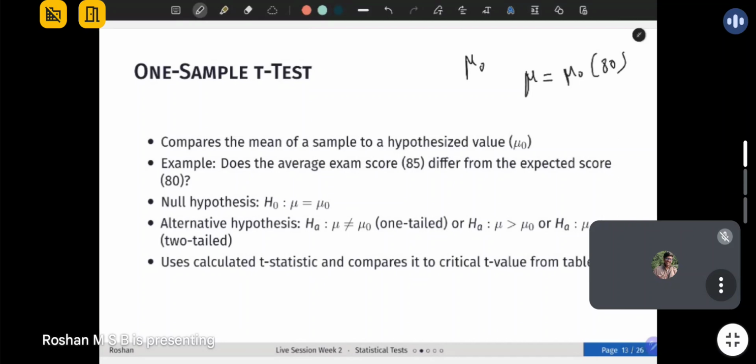And the alternate hypothesis, you can base on whether it's one-tailed or two-tailed. You calculate the t statistic from the data that is given to you, and compare it to the critical value from the table. If it's greater than the critical value, you reject the null hypothesis.